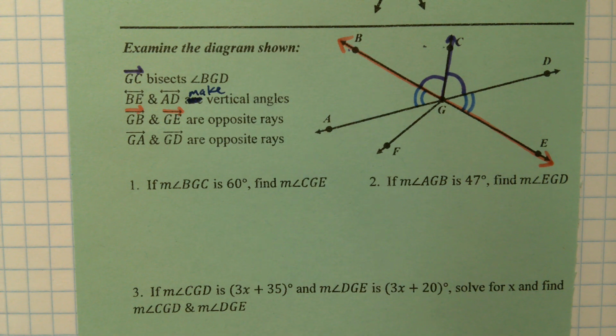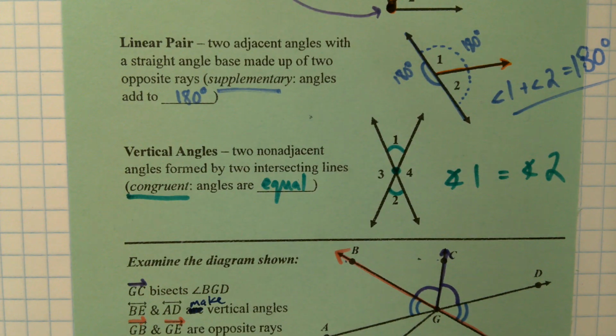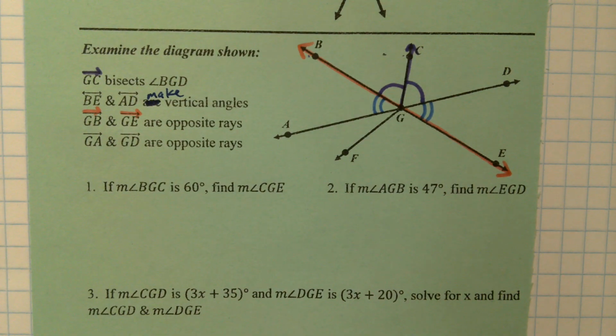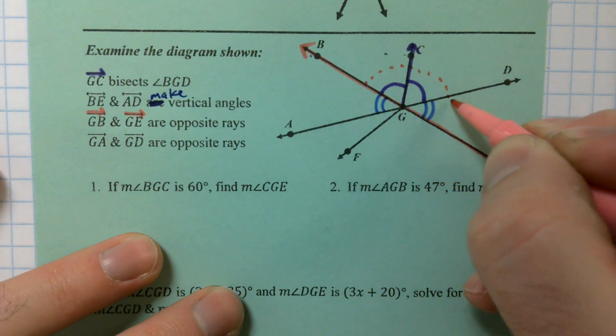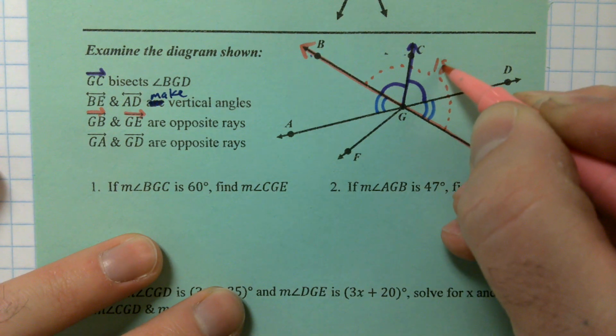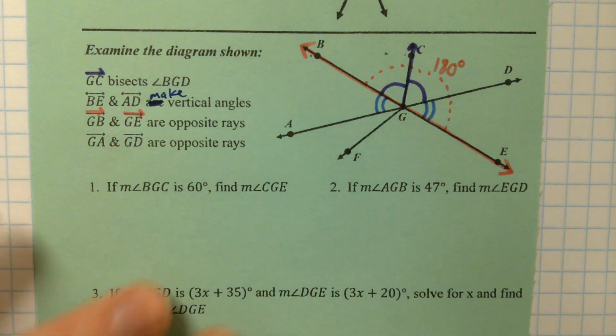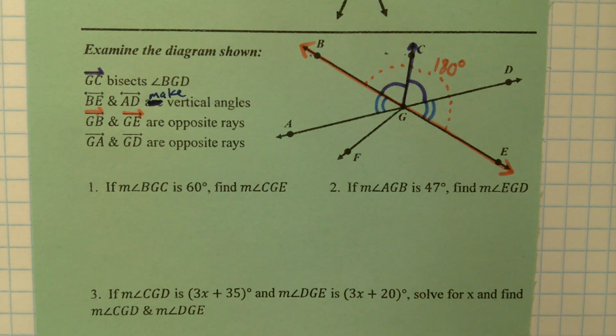What does that tell me? Look back at my definition. What does it say about a couple angles made up of opposite rays? They're a linear pair, which means together they equal what? 180. So I'm going to do a little dotted measure marker all the way across and denote that that is 180 degrees.